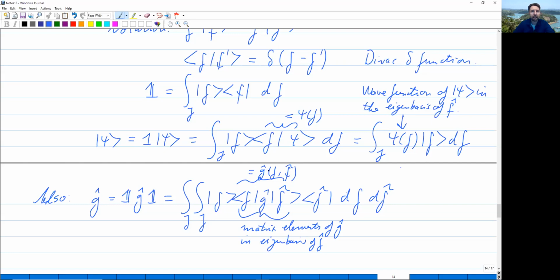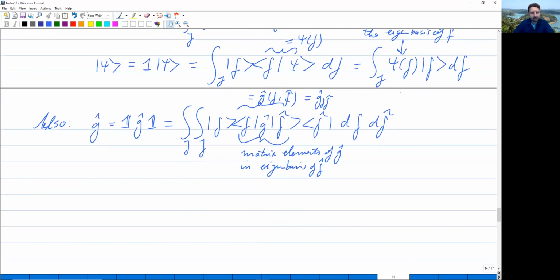So we write it as a function. In the matrix case, when we had a discrete set of basis vectors, we would use f and f tilde as indices here. But in the continuous case, we like to write it as an argument. But we could also write it as g hat f f tilde, right? Just to make the similarity to a matrix clearer. You see, we can't write this down as a matrix because the label is continuous, but it plays the same role as a matrix does.